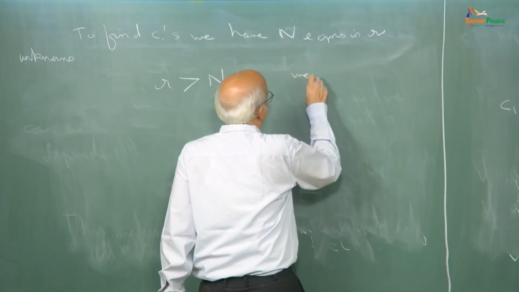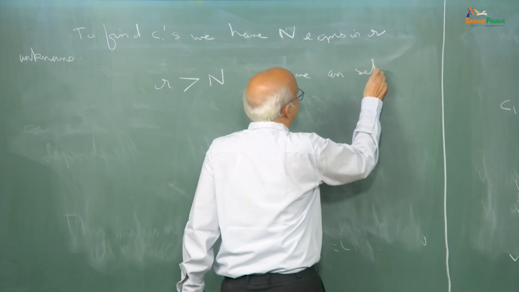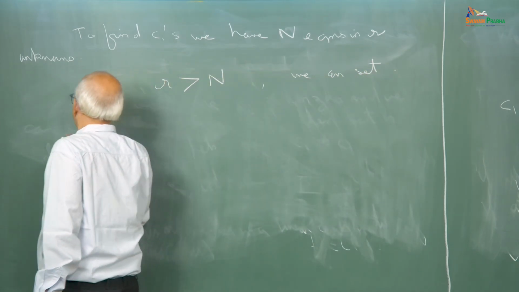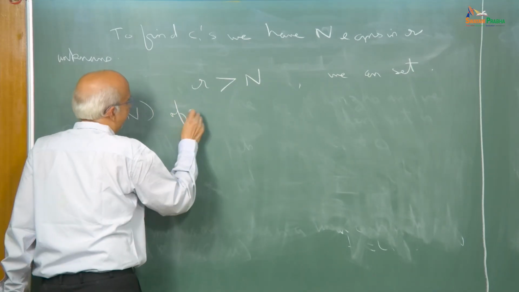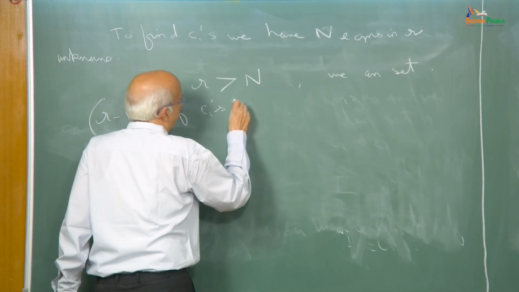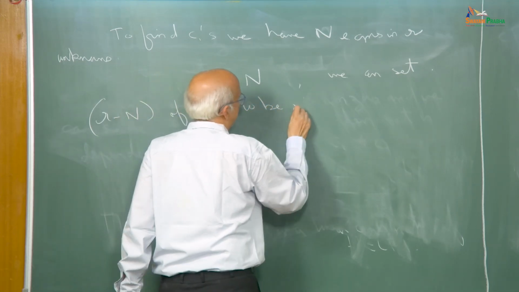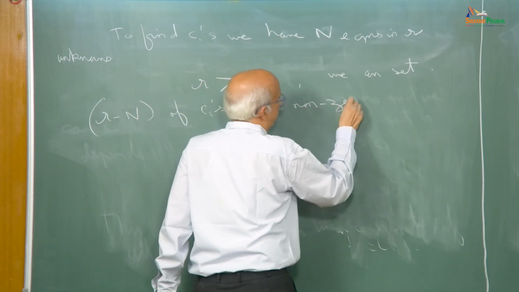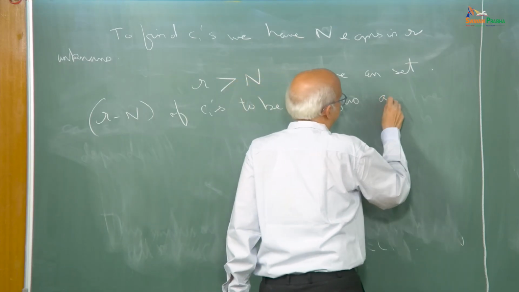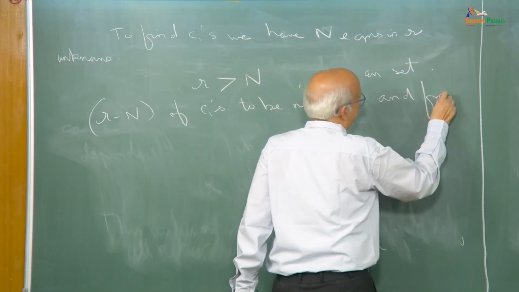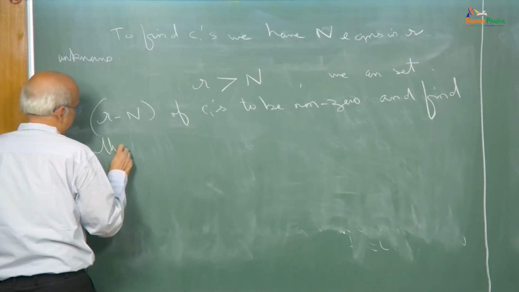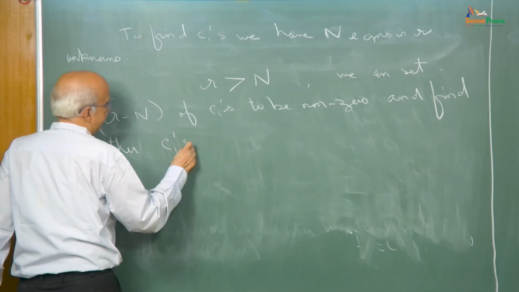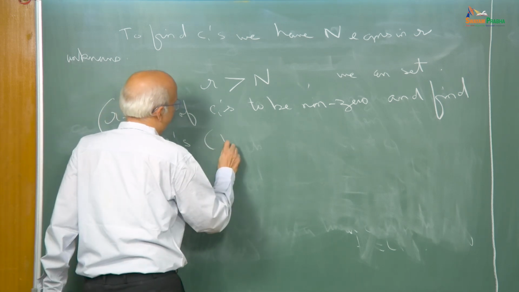Then we can set r minus n of the Ci's to be non-zero and find the other Ci's from 1 through n.